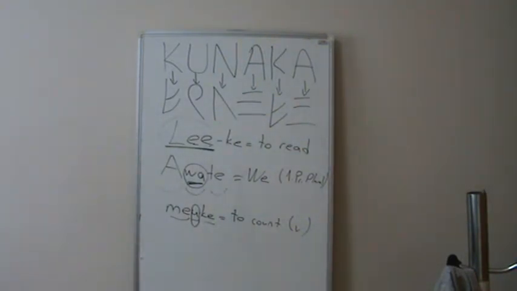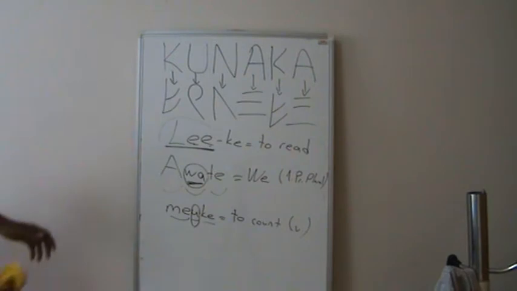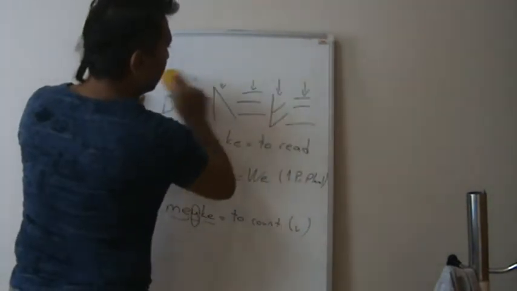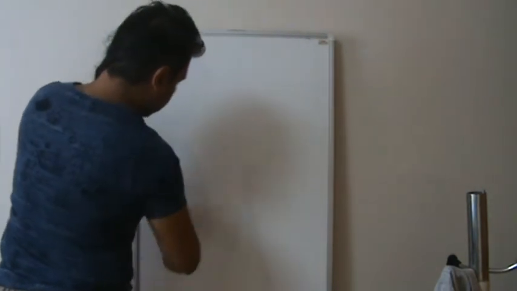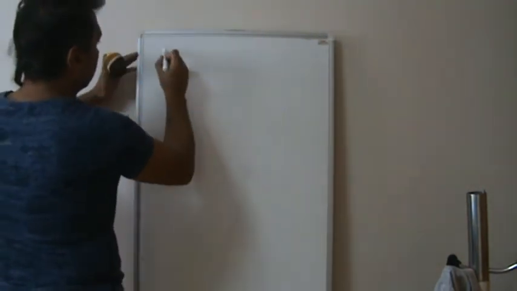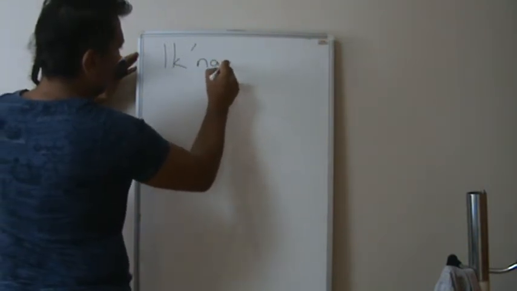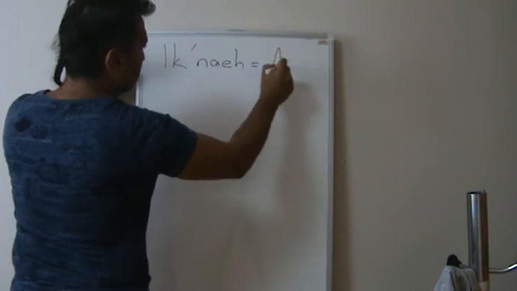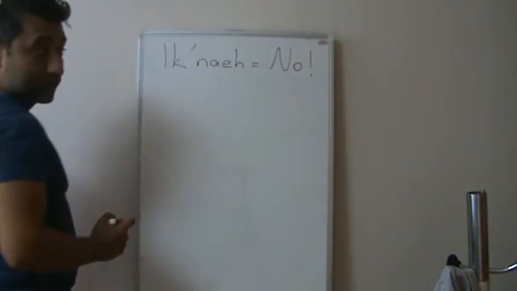Some words may have an apostrophe sign, which means there is a long pause after it. For example, ikna means no. You see the apostrophe sign here?